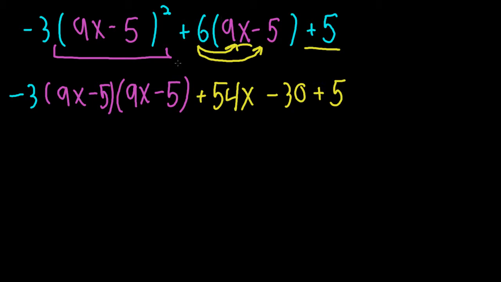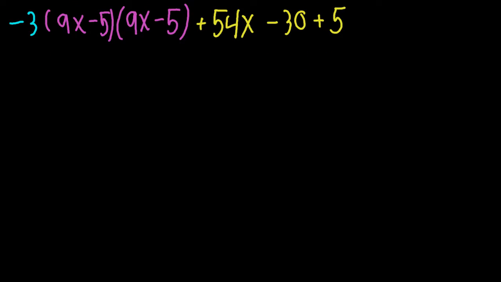Okay, next step, I am going to multiply negative 3 with 9x. So this gets me, well, negative 3 times 9 is negative 27x. Then I have negative 3 times negative 5 to get me positive 15.